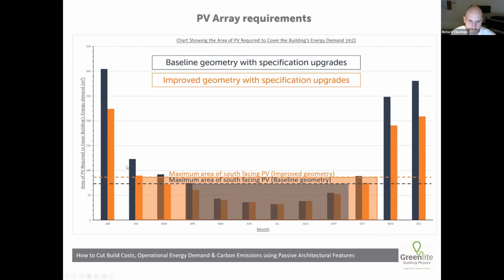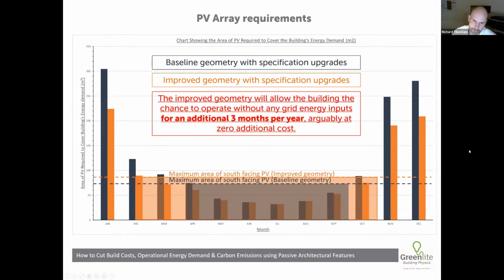But that makes the difference. You have this big hop up between PV demand in January and in February, as you get more solar heat gain in February and the temperatures are that bit higher. So theoretically, we could run the improved geometry from February through to mid-October. And that adds an additional 3 months of potential energy autonomy.